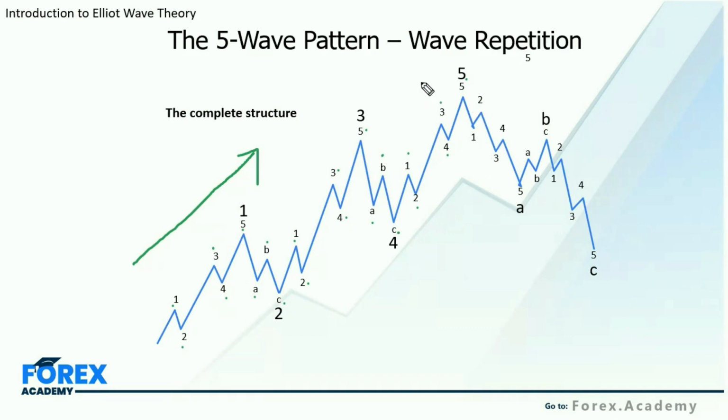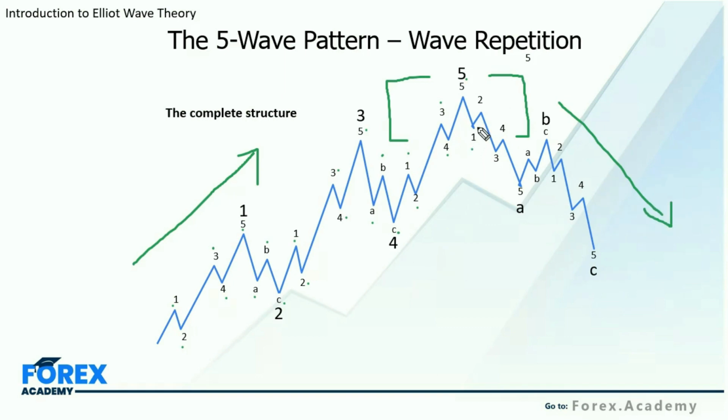It's important to notice what happens in this little phase in here, because what we're seeing is a reversal in price action where we're creating a series of repetitive waves to the upside, followed by a series of repetitive waves to the downside in this particular side of the 5-wave pattern.